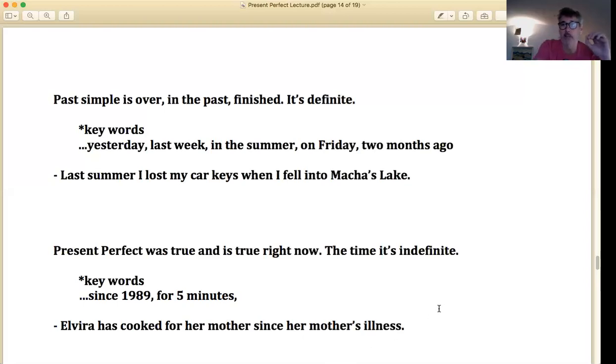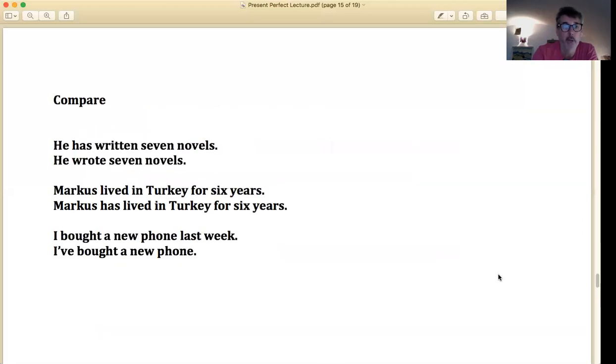So if it's active and true now, and we want to talk about a period of time, like we discussed earlier, we're going to use present perfect. All right. Now, here's a couple simple comparisons that make it clear. If we can think about these the right way, they can really help. So he has written 7 novels. He has written 7 novels, so that's present perfect.